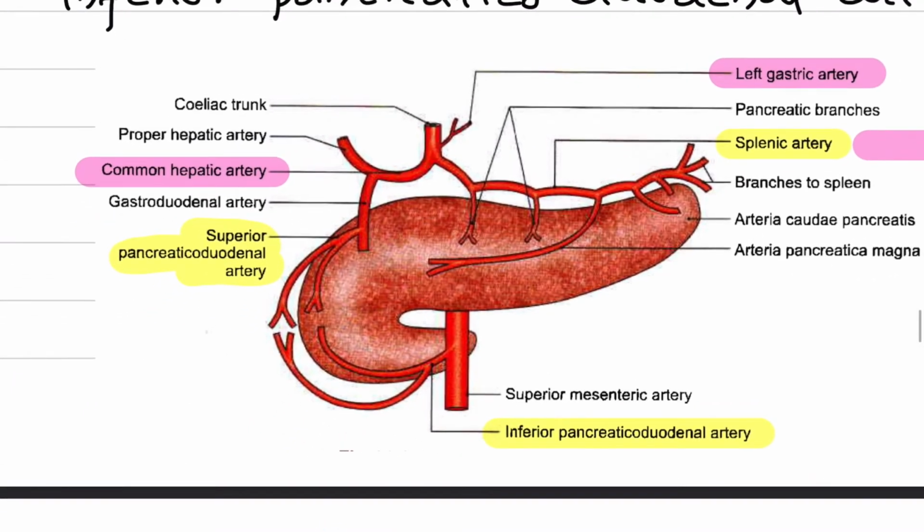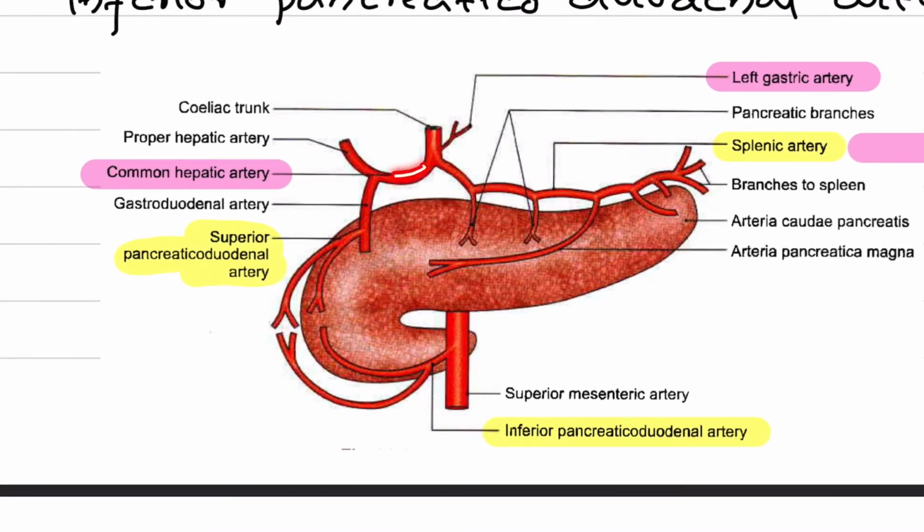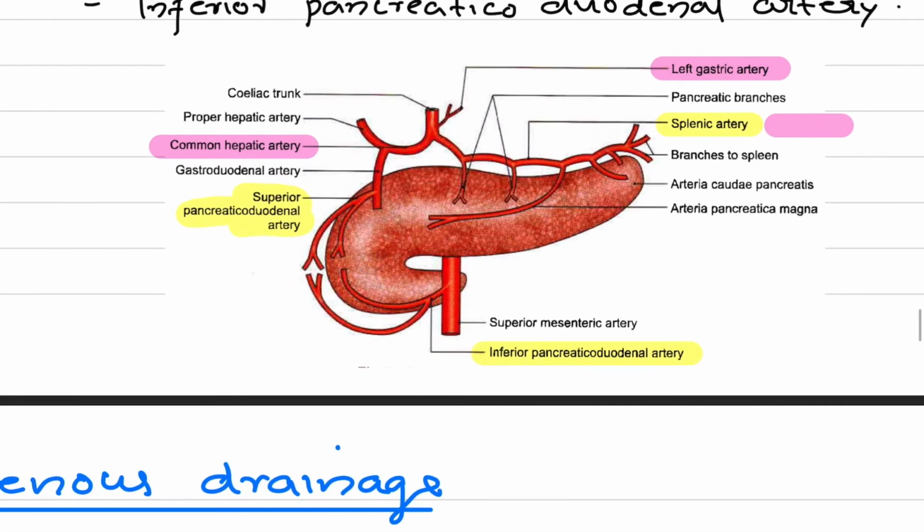Okay, from the common hepatic artery we have the gastroduodenal artery. This gastroduodenal artery gives the branch superior pancreaticoduodenal artery. From the superior mesenteric artery it gives the inferior pancreaticoduodenal artery.